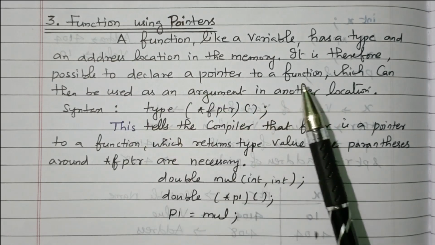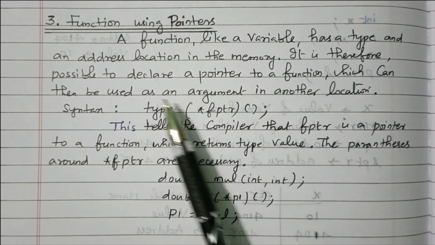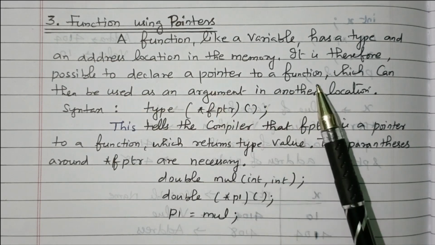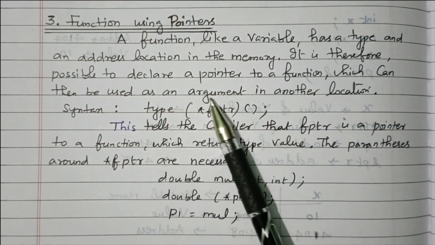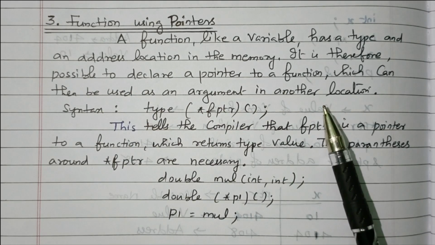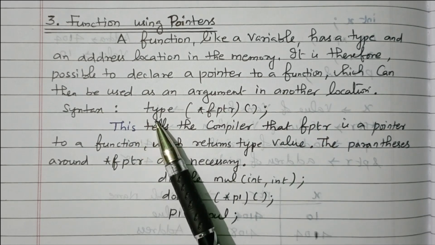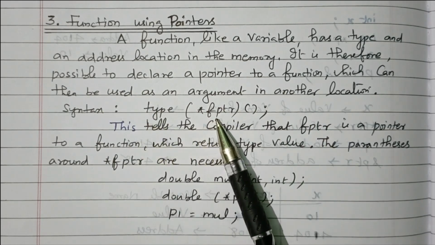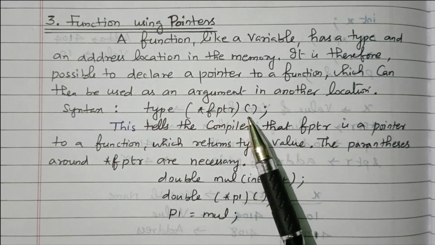So what is given here in the pointer? If we declare a pointer to a function, it can be used as an argument in another location, right? So for function calling and function return in another location, we can use that pointer. The type (*fptr)().